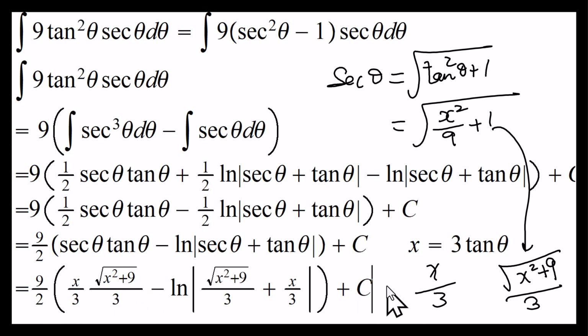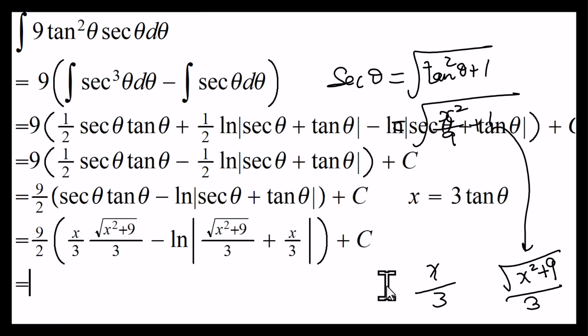Okay, so if we distribute this 9 over 2 inside, what we shall get is x times square root of x square plus 9, and 3 times 3 will cancel that 9 in the numerator there, and then we will have minus, and then we get 9 over 2 because there's nothing there to cancel 9, right?